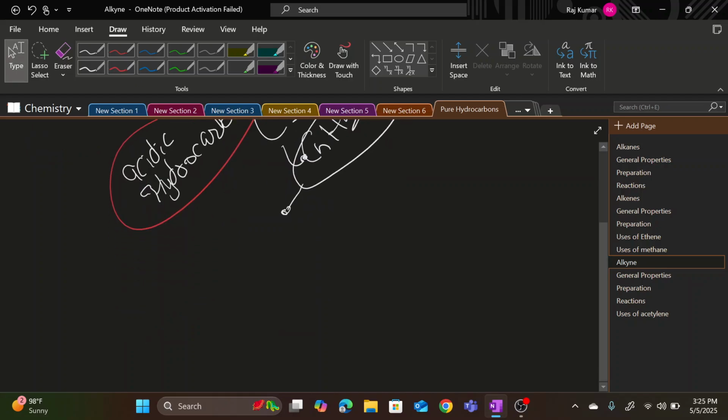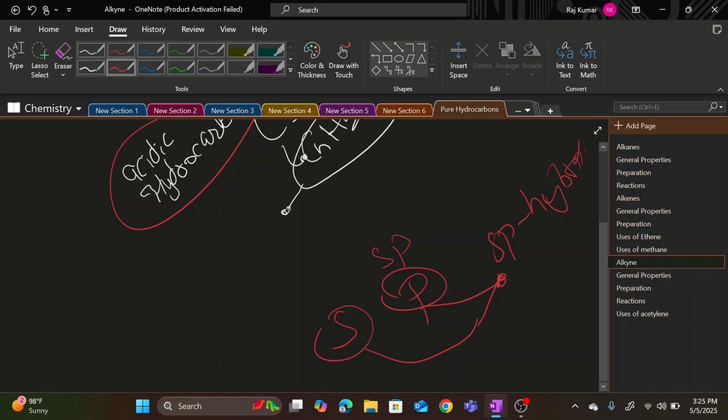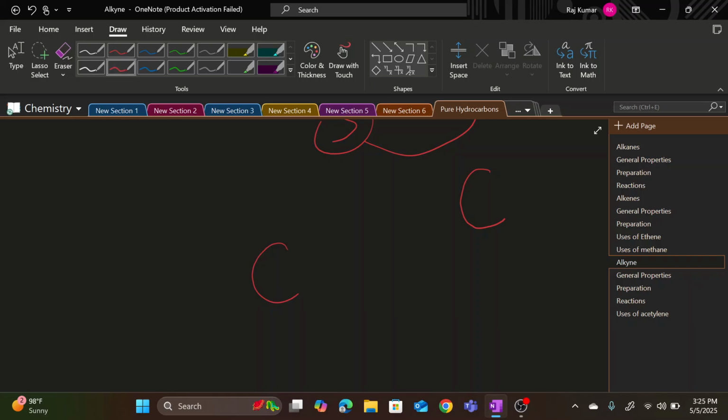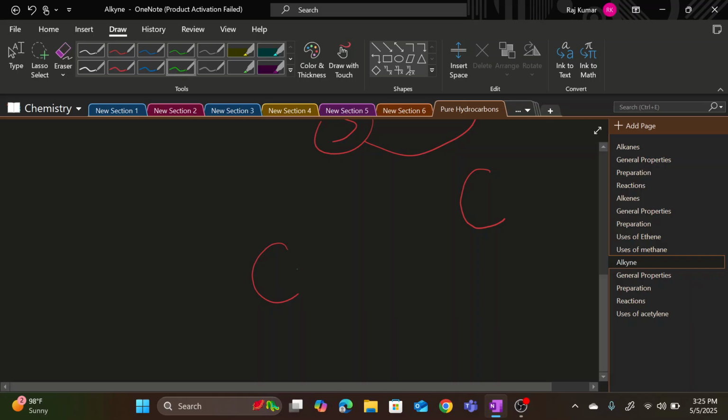If you look into its structure, it's having sp hybridized orbitals, such that it takes one s orbital and one p orbital, both of these combined together to produce the sp hybridized orbital. An important thing to consider is that if this is, let's say, a carbon, these are two carbons, right? I draw two sp hybridized orbitals.